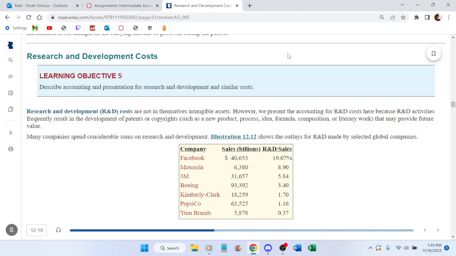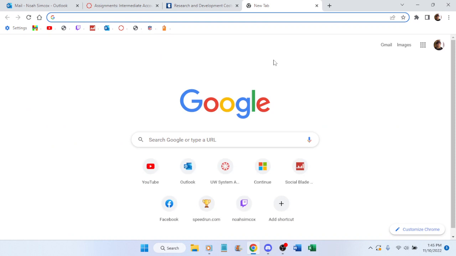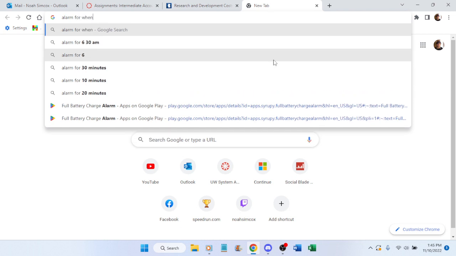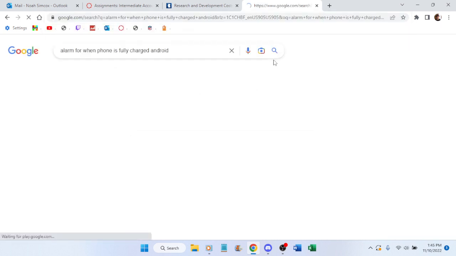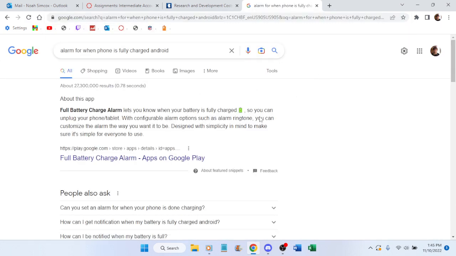It literally says it's going to take 55 minutes to charge. I'm just going to uninstall the app, and I'm going to Google what's the best app that just has that feature. Alarm for when phone is fully charged, Android. I mean, that's an app. I'll just get Full Battery Charge Alarm.